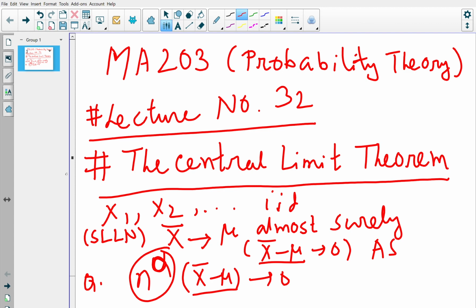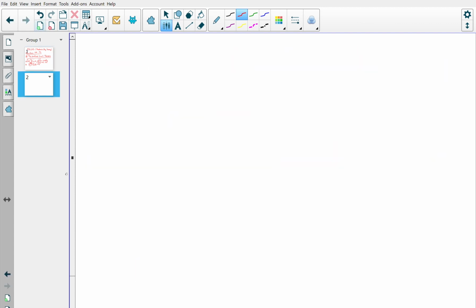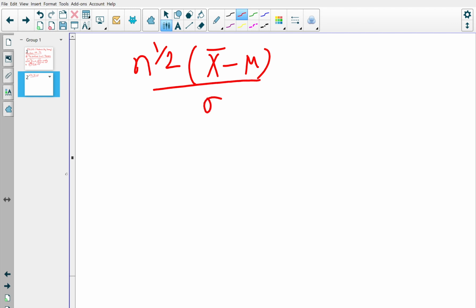The solution to that question lies in something called the central limit theorem. It tells you that n power half times x bar minus mu, standardized by the standard deviation sigma, converges to a nice quantity called the standard normal distribution as n tends to infinity.